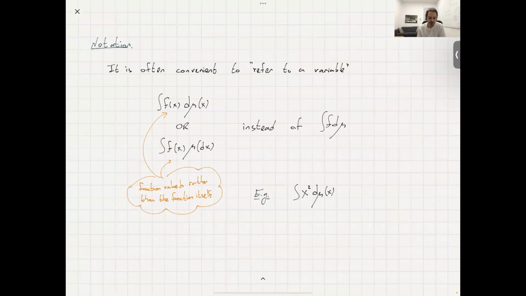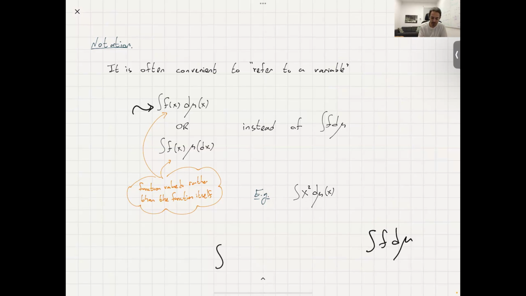So some words about notation. It's sometimes convenient to refer to a variable. Technically you don't write the function, you write the function value.